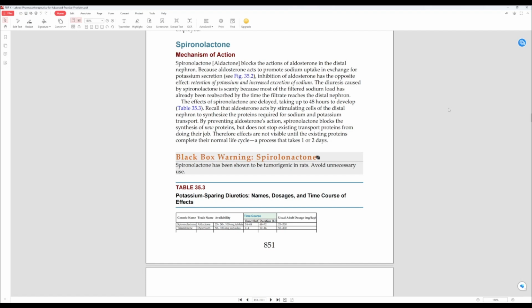The diuresis caused by Aldactone is scanty because most of the filtered sodium load has already been reabsorbed by the time the filtrate reaches the distal nephron. The effects of Aldactone are also delayed, taking up to 48 hours to develop. Recall that aldosterone acts by stimulating cells of the distal nephron to synthesize the proteins required for sodium and potassium transport.